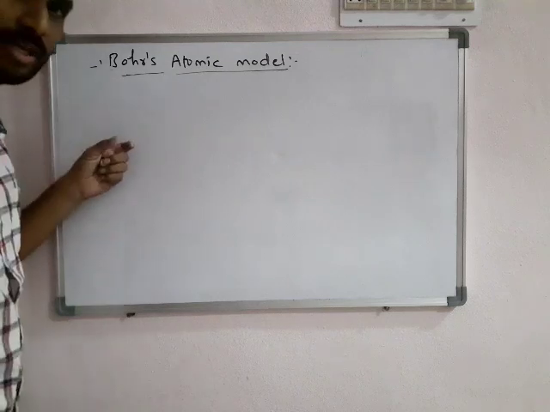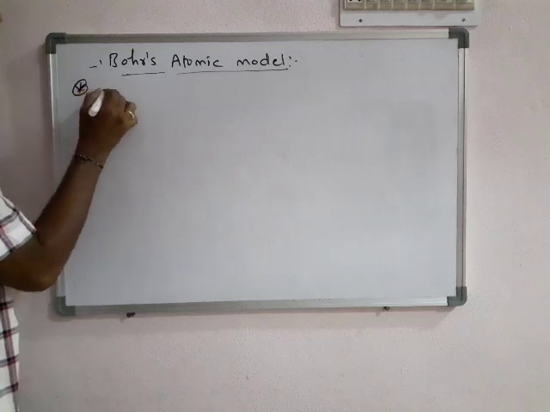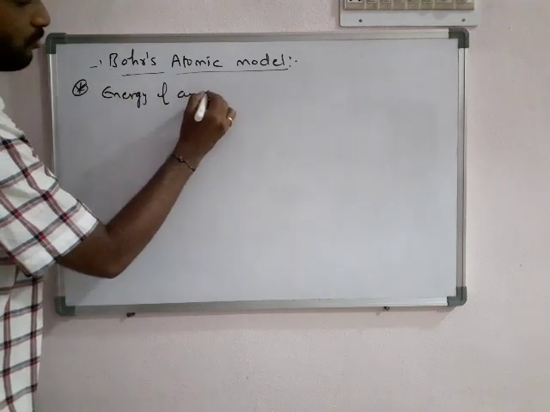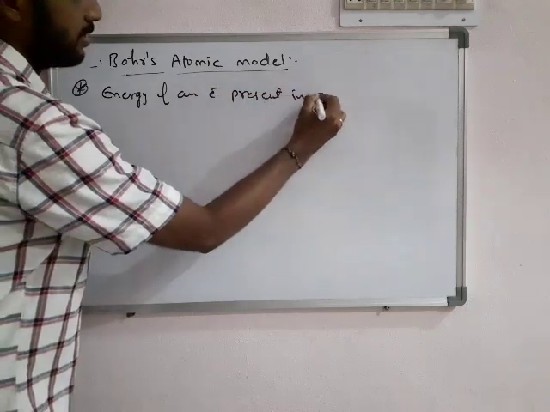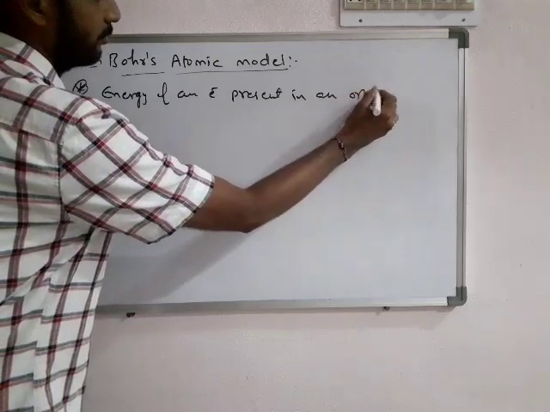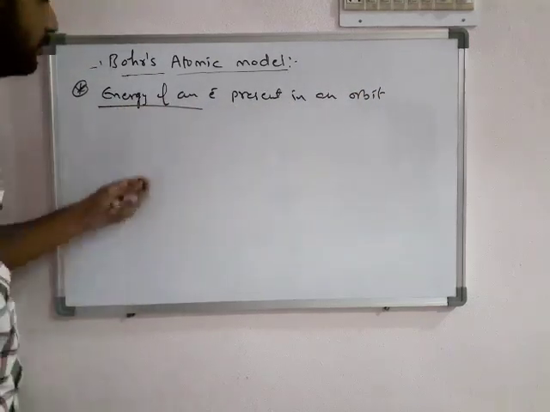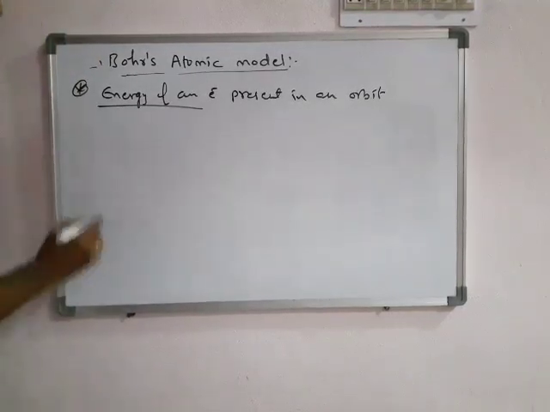He also gave an expression for energy, the energy of an electron present in an orbit. So what is that?